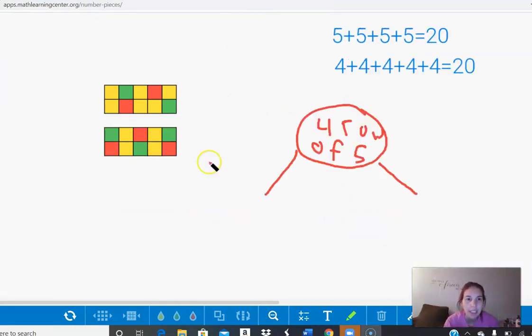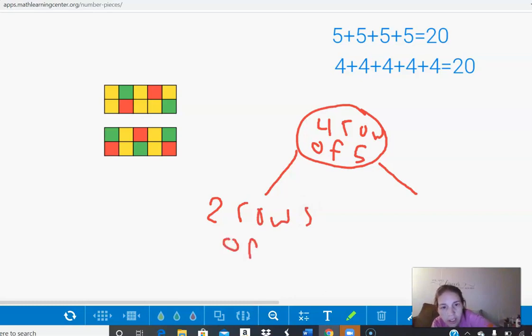So that's what I'm going to show you on here. Okay, so now that we split our rectangle into 2 equal groups, we have how many rows in each group? We have 1, 2. So we have 2 rows, and how many are in each row? 1, 2, 3, 4, 5. So we have 2 rows of 5.